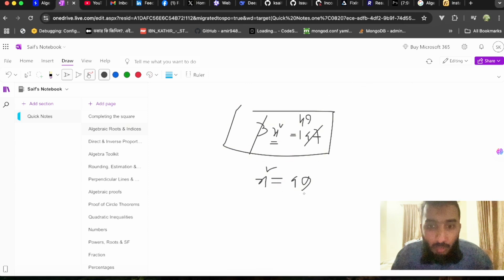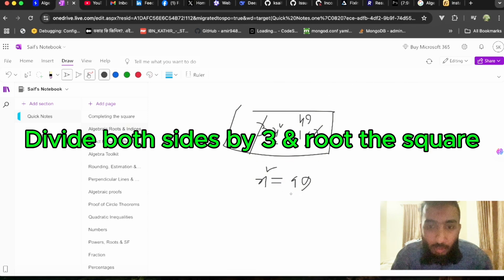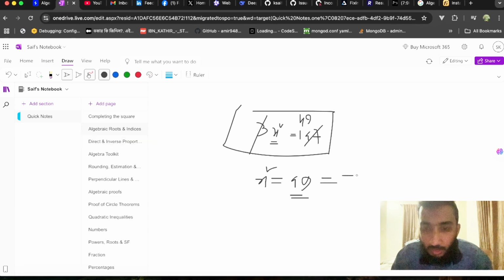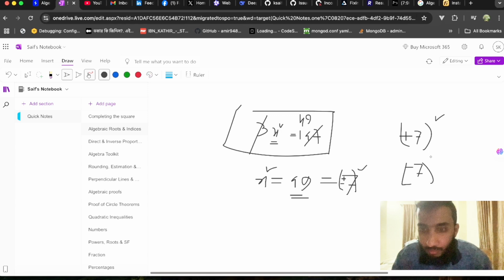And now 49 is also a square, which is 7 square. If I take a bracket, it can be plus minus 7 square, because both plus 7 square and minus 7 square are 49.